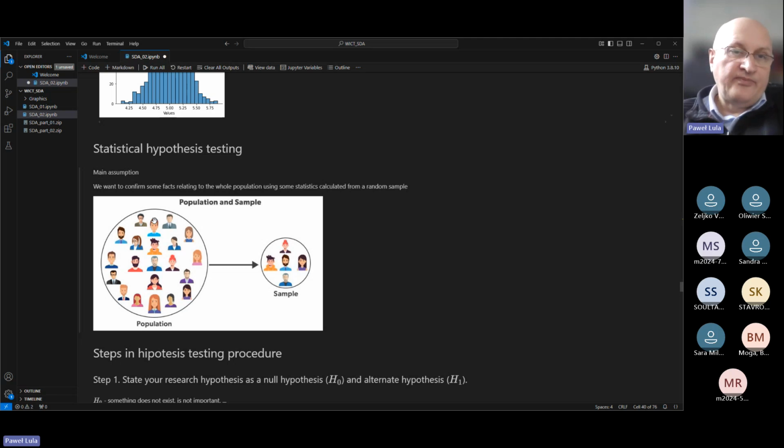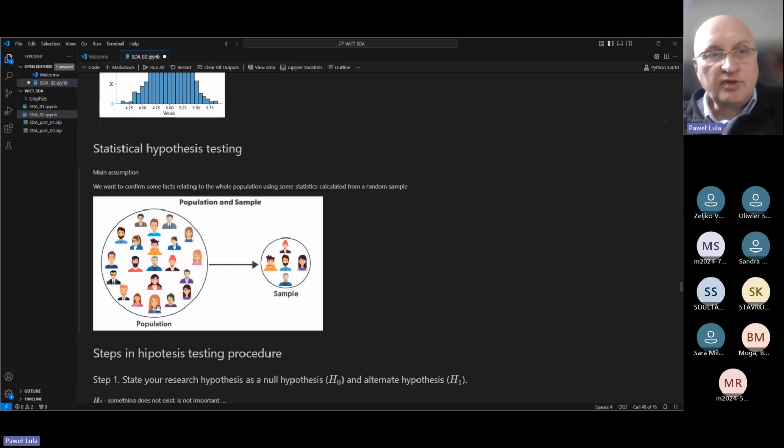We want to say something about the whole population, but it is not possible to check every member of this population, to analyze the situation of every member of this population. Therefore, we want to create a sample, random sample. It means that I'm going to choose randomly some elements from this population.